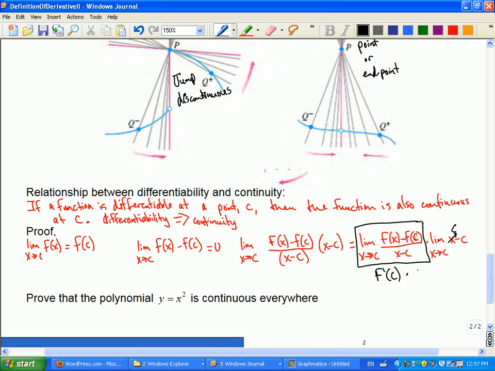A number times 0, that's not very exciting, is just going to be 0, which is what we said here would mean the same thing as continuity. So once you know it's differentiable, you must in fact have continuity.